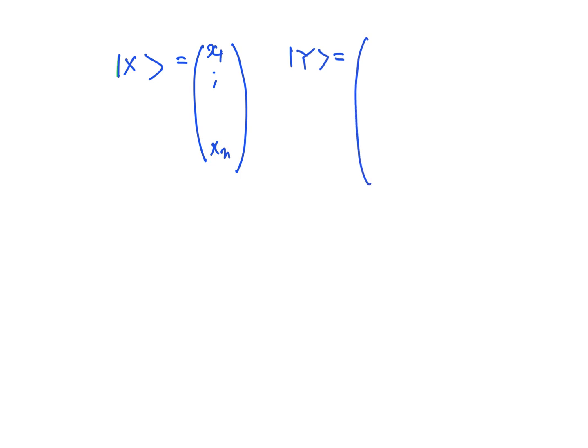So let's say we have two ket vectors, x1, xn. And we are assuming that those x's and y's are all complex numbers.